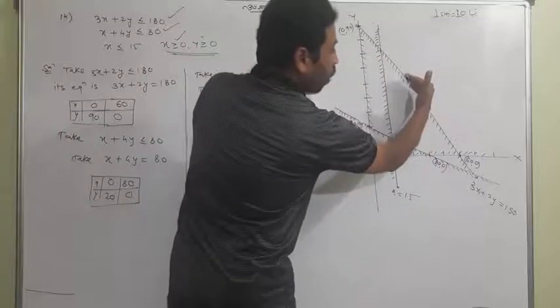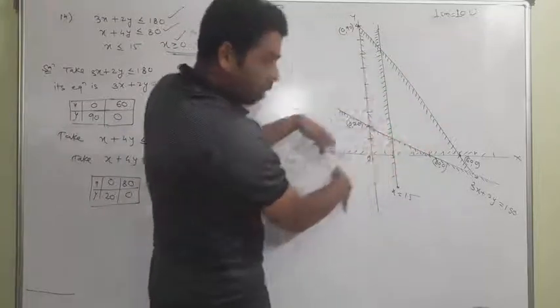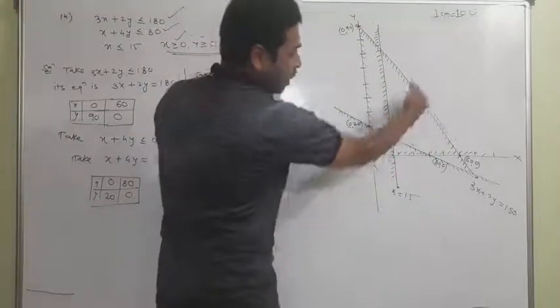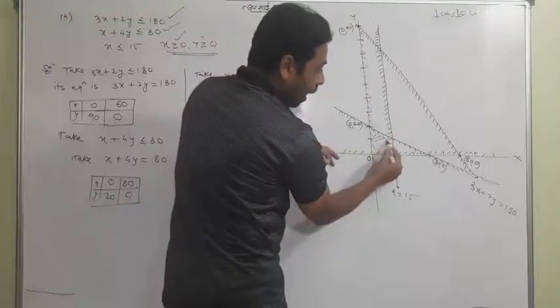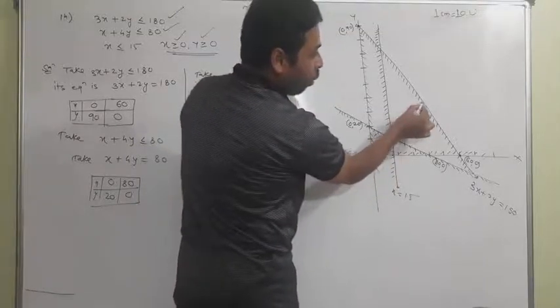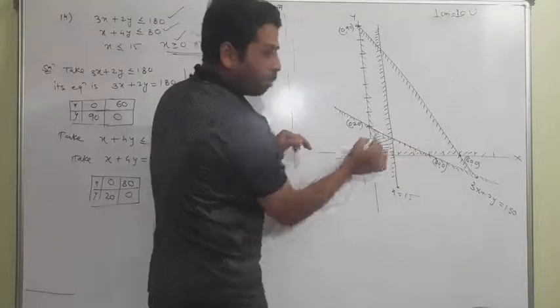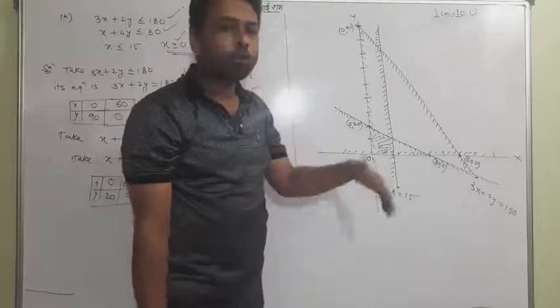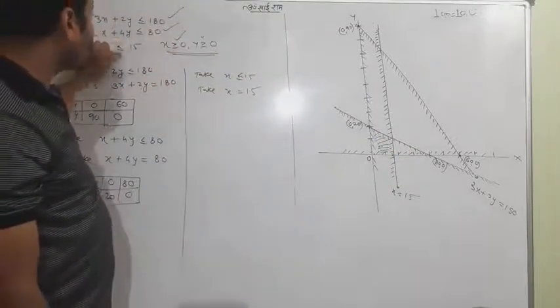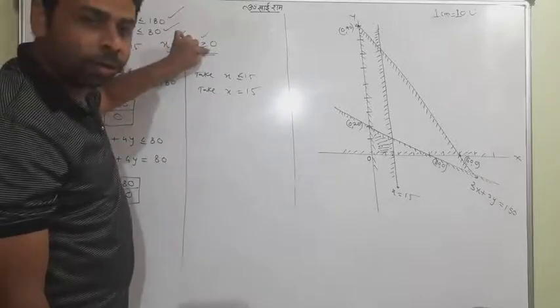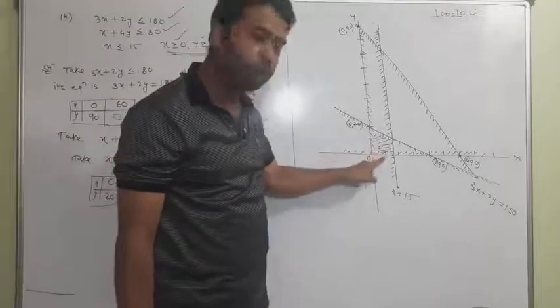When I draw or pull this shaded region till half of the plane, it will definitely cover this portion. I can say that this also contains this one. This is a perfect region. One doubt may come in your mind that there are 5 conditions but only 1, 2, 3, 4 lines here.